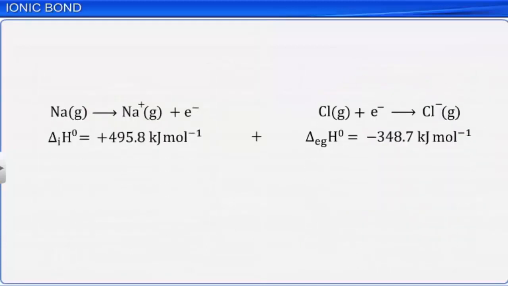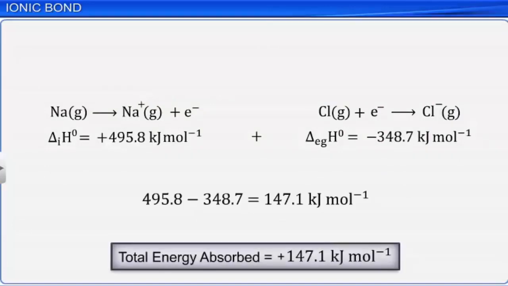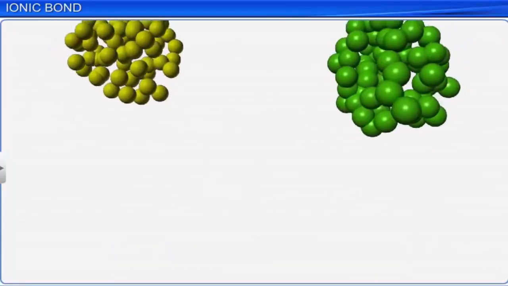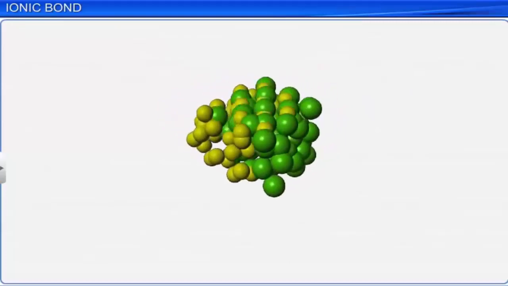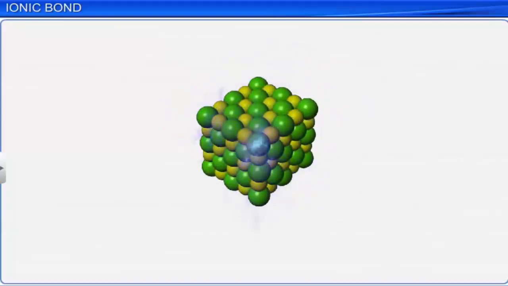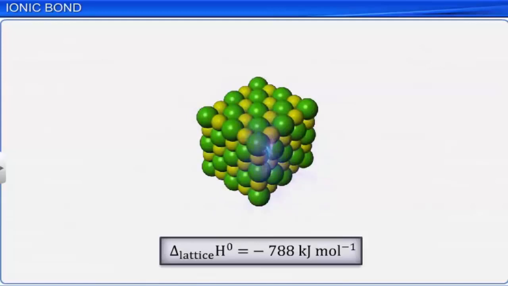The sum of the two, which is 147.1 kJ per mole, is positive. But this is compensated by the energy released during the formation of the crystal lattice of sodium chloride, which is −788 kJ per mole.